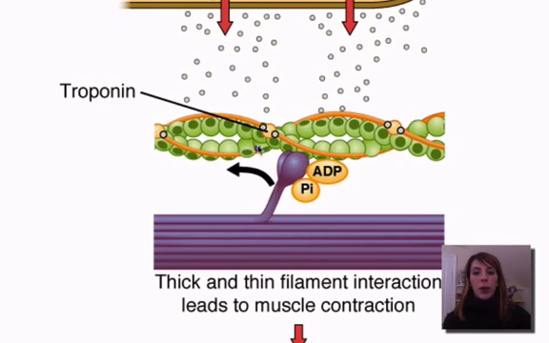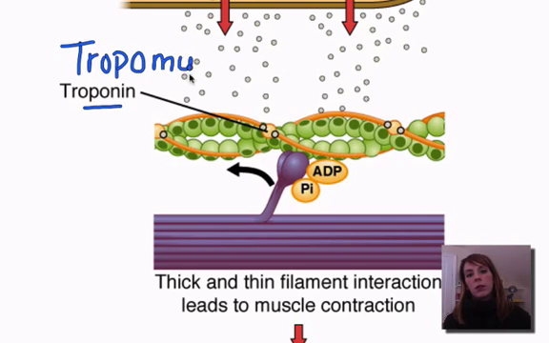The other thing we didn't point out are these orange proteins. One of them is known as troponin, and there's another protein in orange called tropomyosin. Troponin and tropomyosin have the ability to slide down.